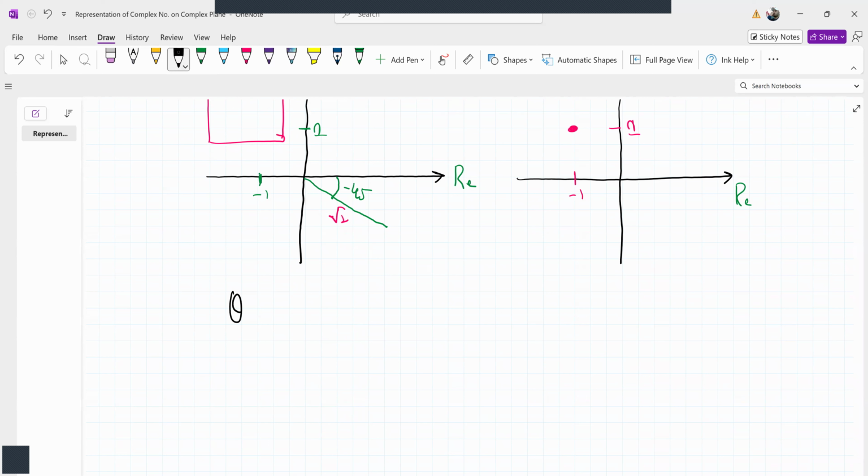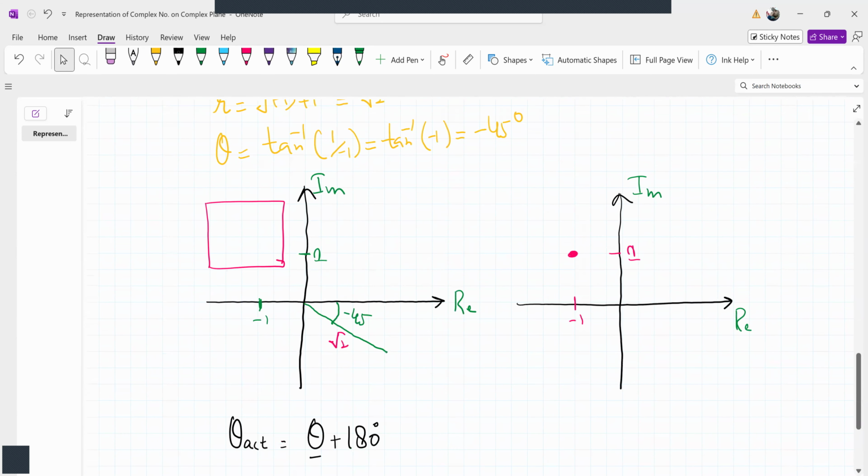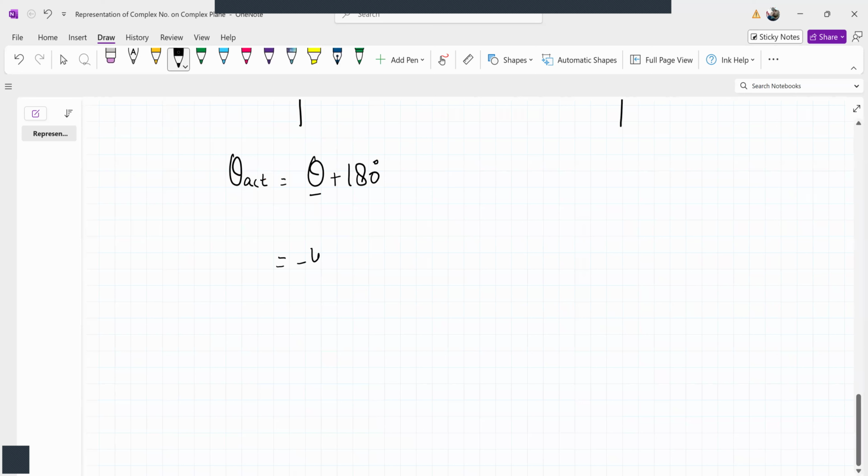If you know that the complex number lies in the second or third quadrant, simply add 180 degrees to whatever value is given by the calculator. For example, in the above case, the value returned by the calculator is minus 45. So the actual angle that it makes with the real axis will be minus 45 plus 180, that is 135 degrees.